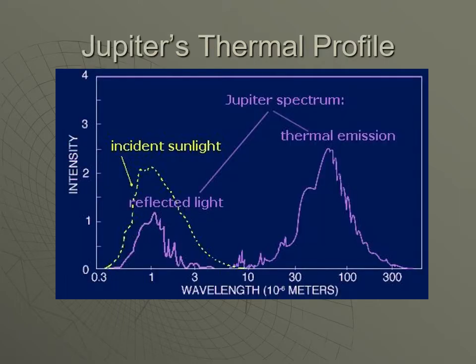One of the odd things is Jupiter's thermal profile. So what we've got here is a graph of intensity on the vertical axis and wavelength on the horizontal axis. Remember Wien's law, it says that the peak intensity wavelength given off is related to the temperature.